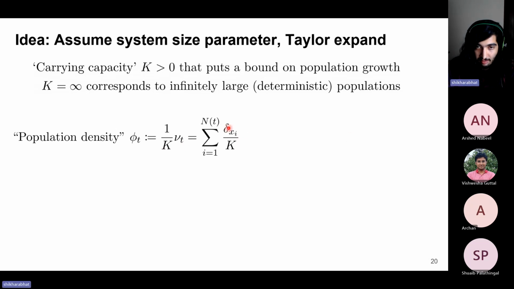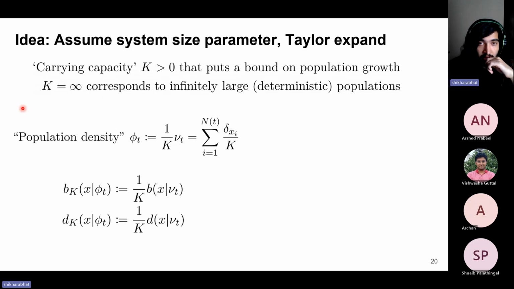It is a sum of Dirac masses, each of which is scaled by K. As we did for the discrete case, I will assume that the process in population numbers is such that I can rescale to find these order 1 functions bk and dk, which describe the rate at point x, trait value, in a population phi, which now is population densities. And this thing is order 1.